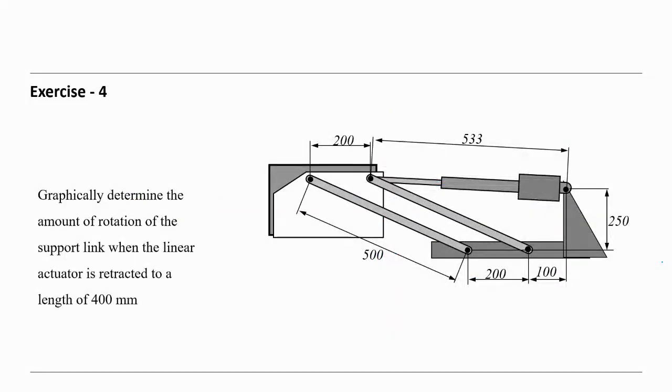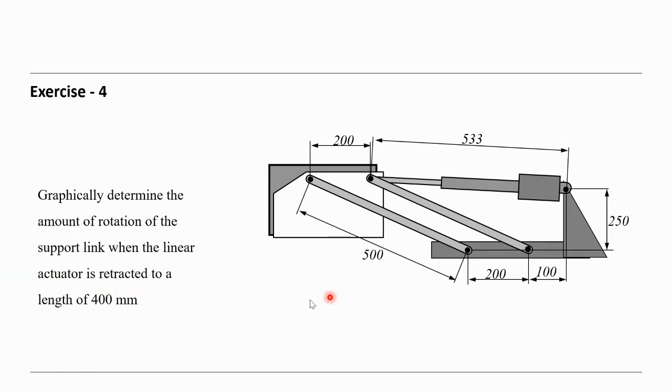So another exercise here. Graphically determine the amount of rotation of the support link when the linear actuator is retracted to a length of 400 millimeters.